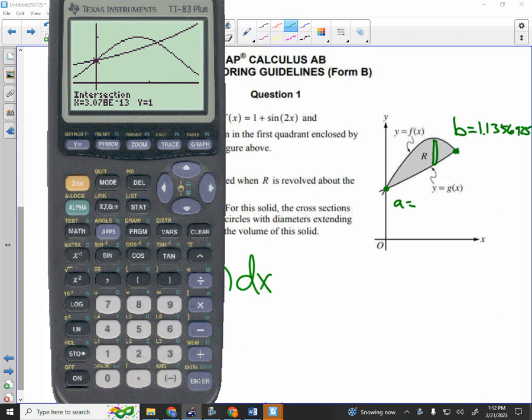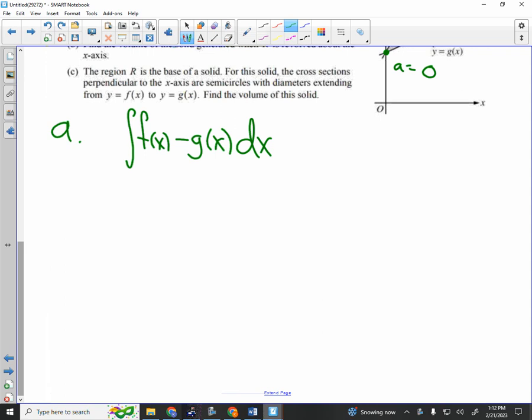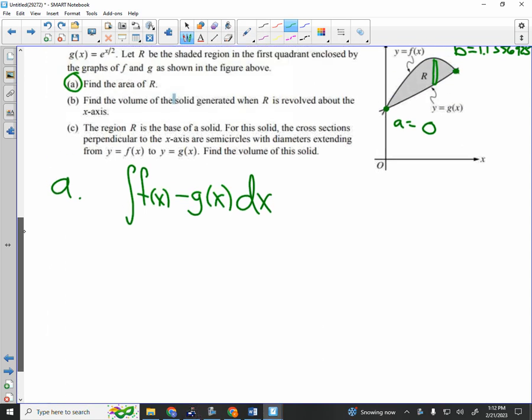See how it's just right at the x-axis? We just call it 0. Not just 0, but exactly 0. Your calculator is an estimation. We're exact. Why would you estimate negative 13? Just call it 0. Excellent point, my friend. So we're going to go from 0 to B.